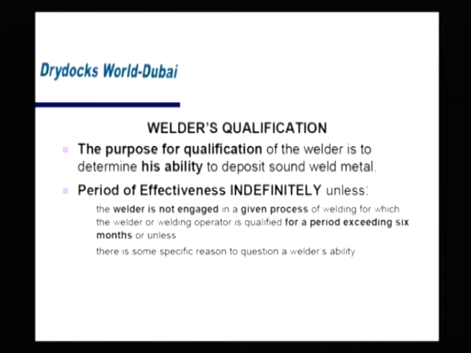Okay, the next logical question is basically how long the certificate is valid. We have these two approaches. One is in Europe, where validity always expires after 2 years. But in American codes, we have a situation that once you qualify the guy, he is a welder for an indefinite time.